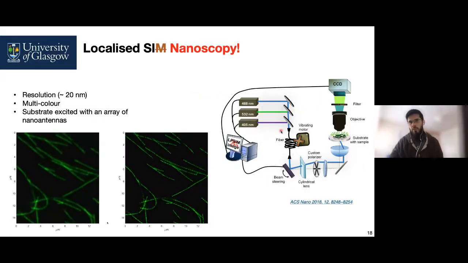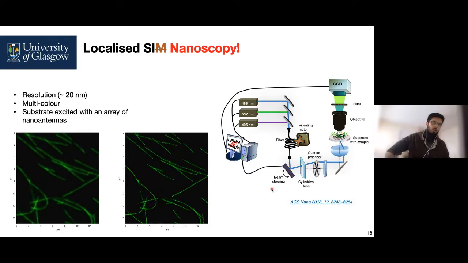And another very interesting area that has been emerging very recently is, rather than having the illumination pattern applied throughout the sample, we only apply the illumination at a particular localized point on the sample stage. Then we can change the point of localization, and by changing this point of localization we can scan the whole region.